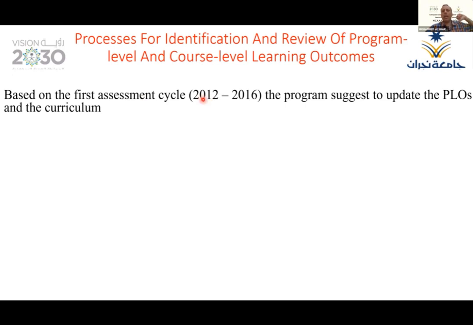It was from the year 2012 to the year 2016. We closed this cycle and assessed all the PLOs. Based on that, we suggested updating the PLOs and the curriculum. One of the main inputs to update our curriculum was our first assessment cycle. This is one of the things, but we have other factors affecting updating the curriculum.